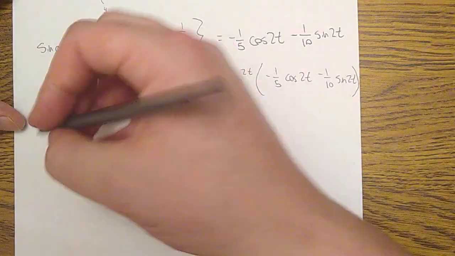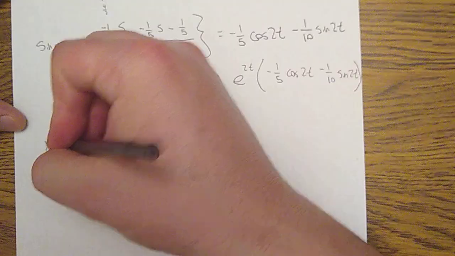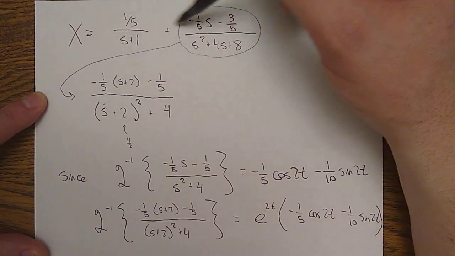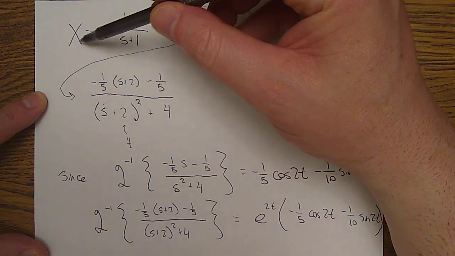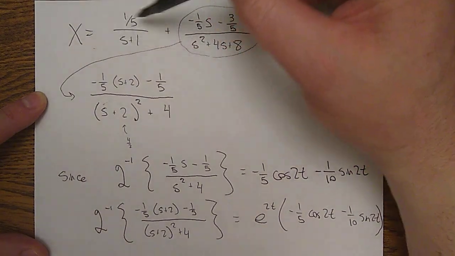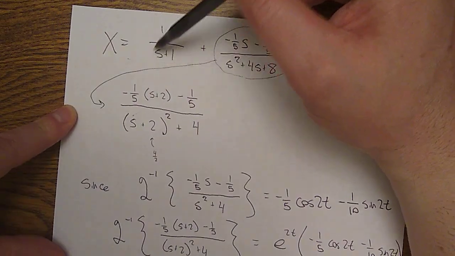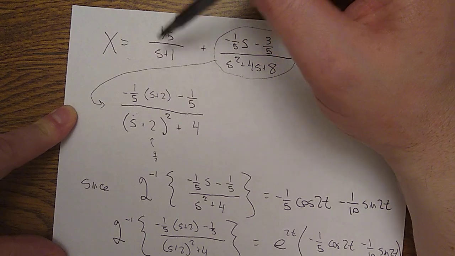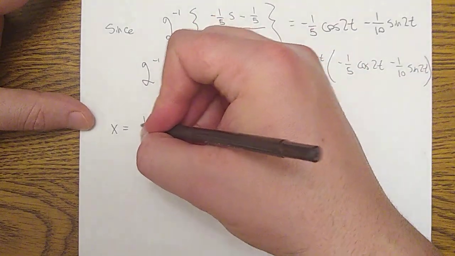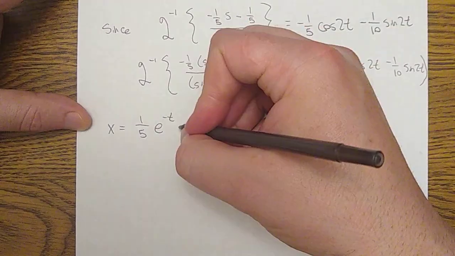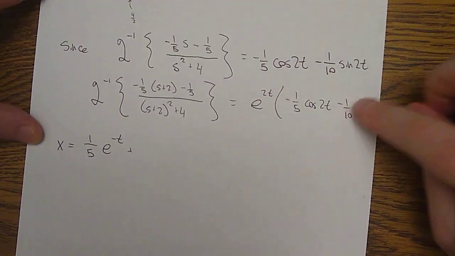And then for our final answer, remember, I have to go all the way back. I was trying to do the inverse Laplace transform of this, and I said this part is easy, which it is. I just have to put the answer from this part in now. This would be 1/5 e to the -t, plus this stuff that we found.